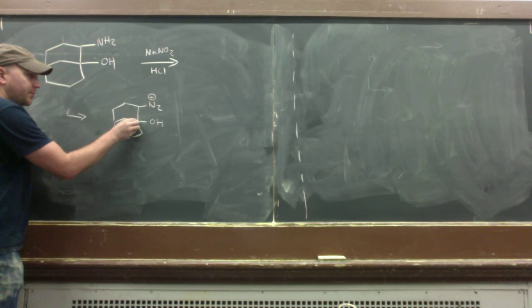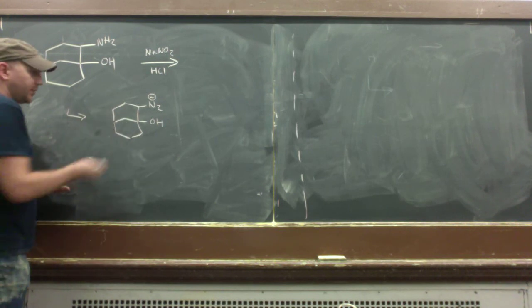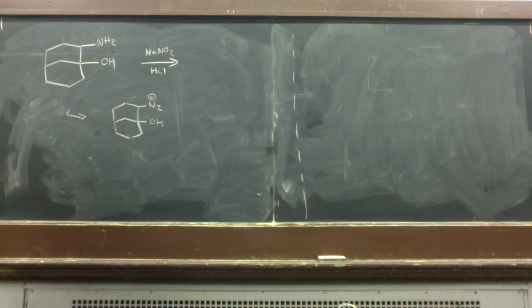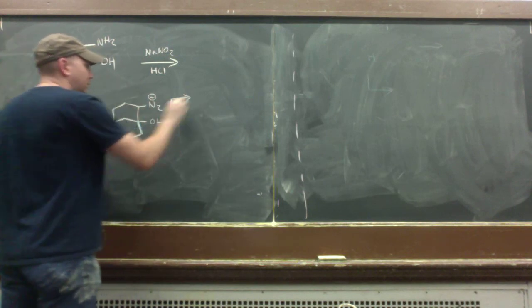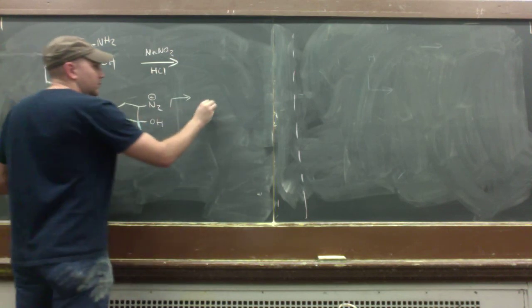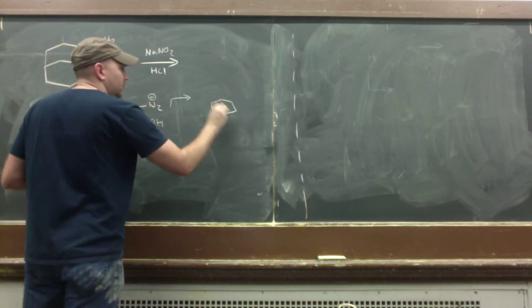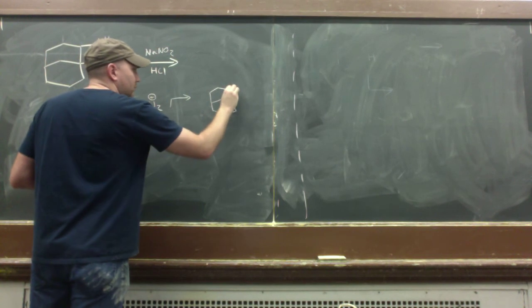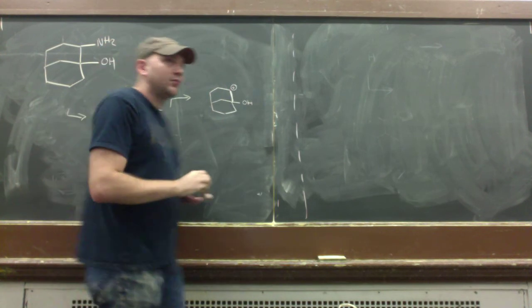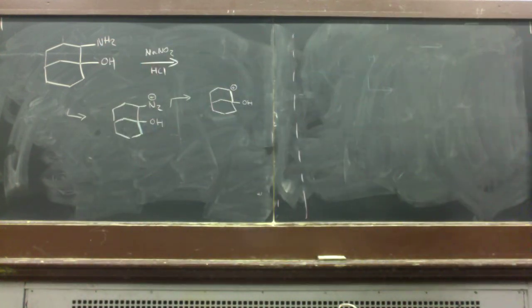There's the migration of this bond, and there's migration of this bond. So let's look at both those possible migrations, think about what the resulting products will form from them. And we can start with the green one. We'll start with the green one first.